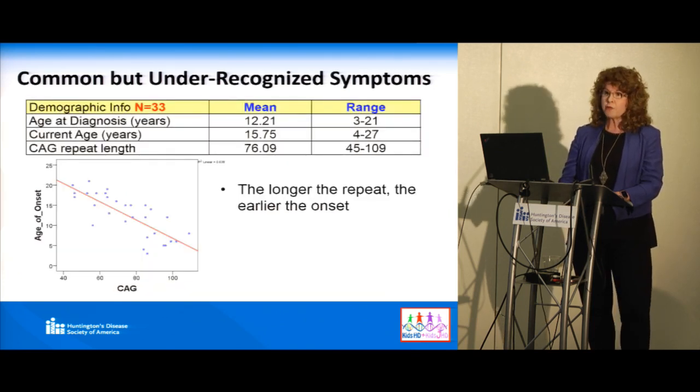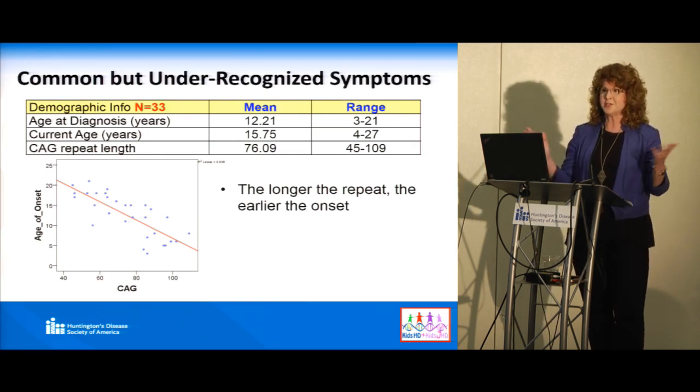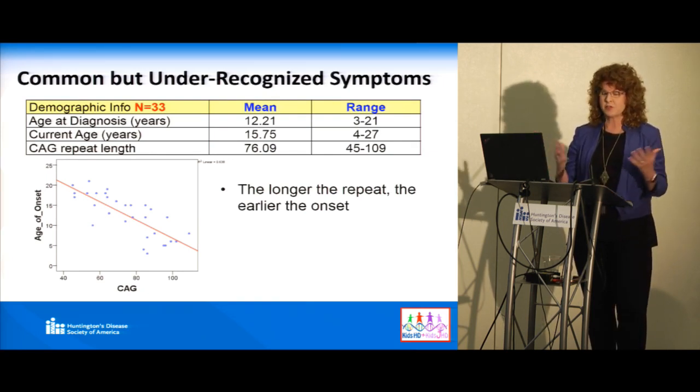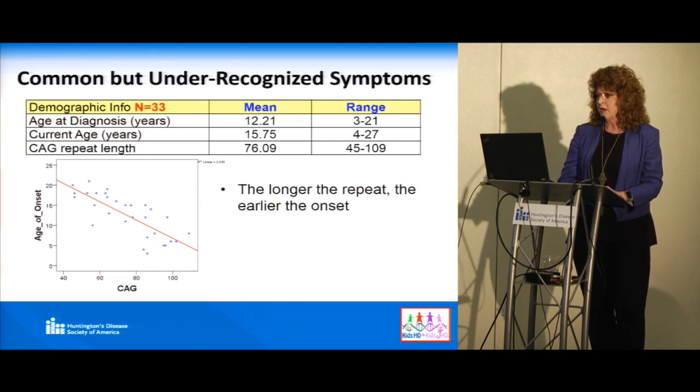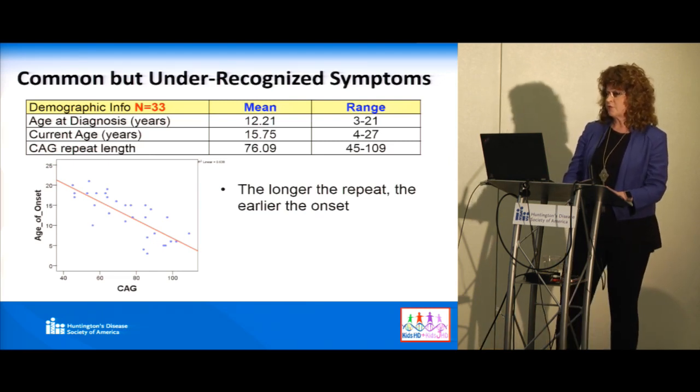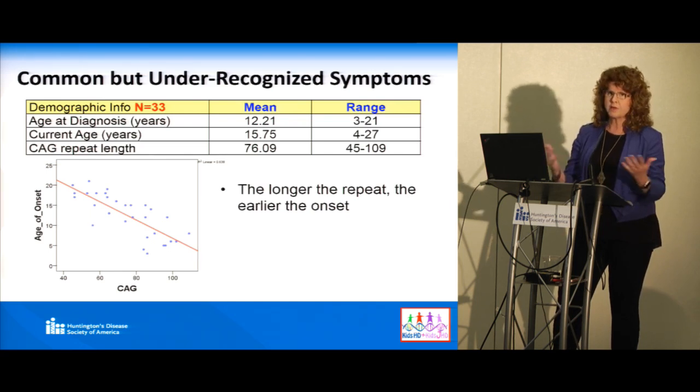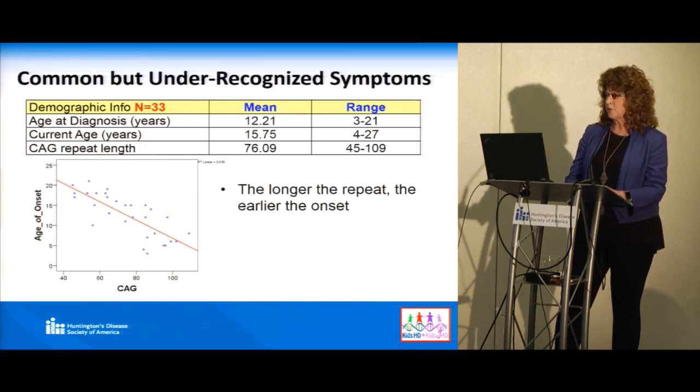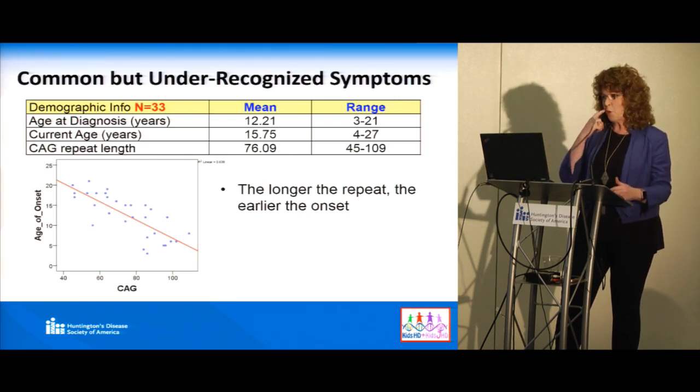Here we got 33 responses, which is a lot. That's the only way you can do it, with social media and those websites. That was helpful. The average age of diagnosis was 12. At the time that the parent was filling it out, the average age was about 15. And of course, the CAG repeat was very wide.